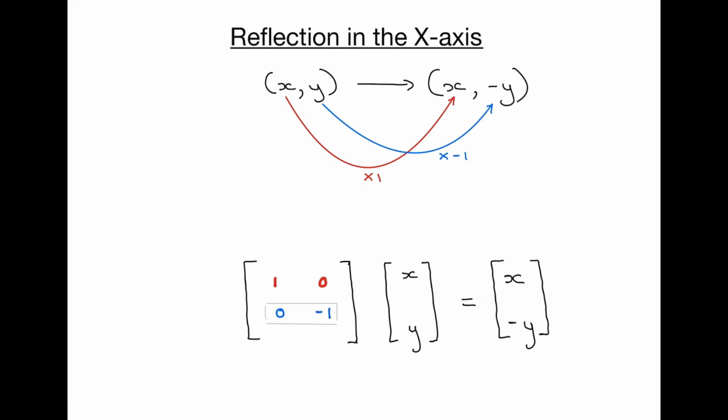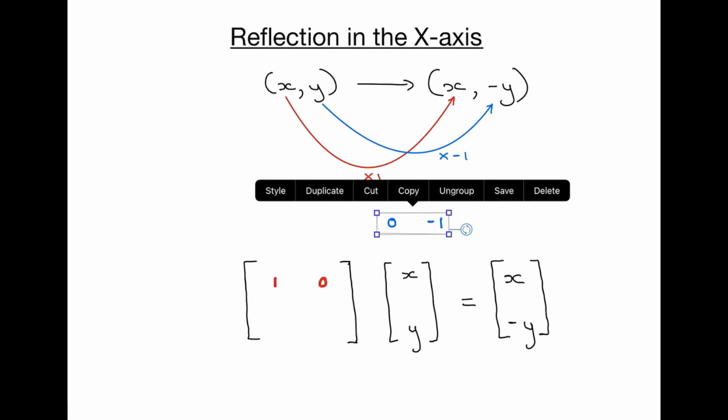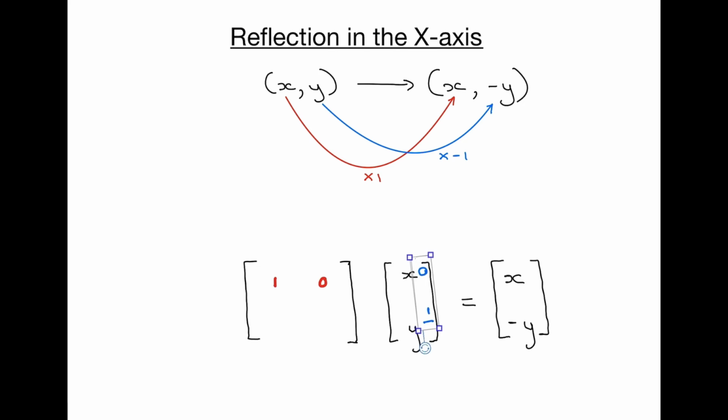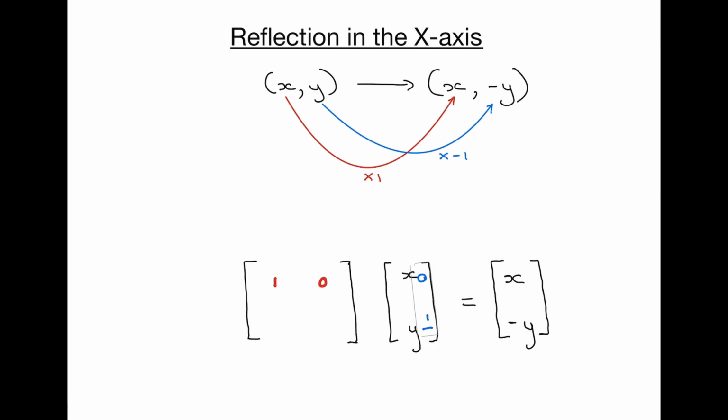If we now place 0, -1 in the second row of the matrix, and we multiply as we did before to our original point matrix, we find that the 0 lines up with the x and the -1 with the y.